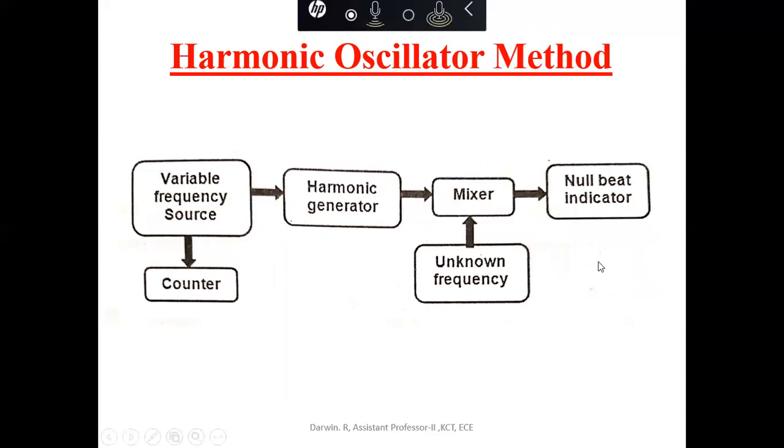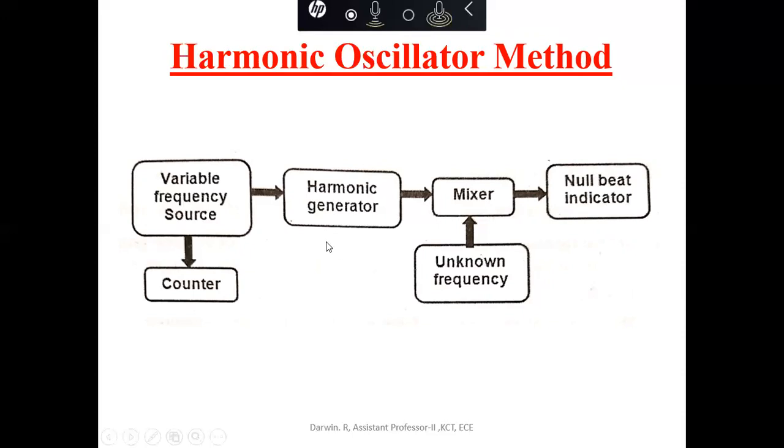This is another simple method where the mixer is the heart of this setup. The first block is a variable frequency source and a counter, followed by a harmonic generator, which is directly connected to the mixer. The second source to the mixer is the unknown frequency, which is what we are going to find out. Finally, the output of the mixer is connected to a null beat indicator.